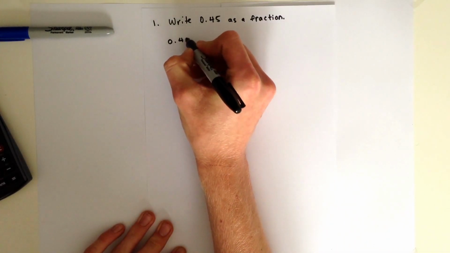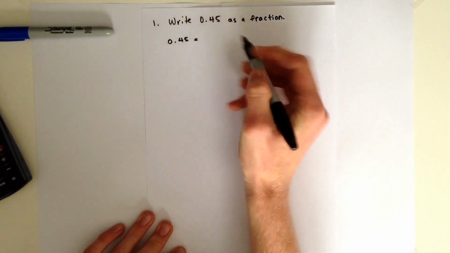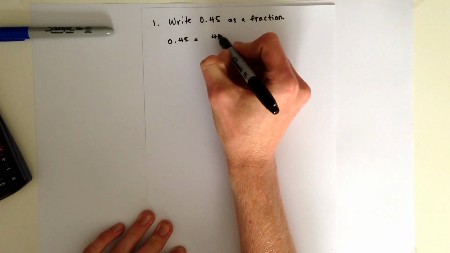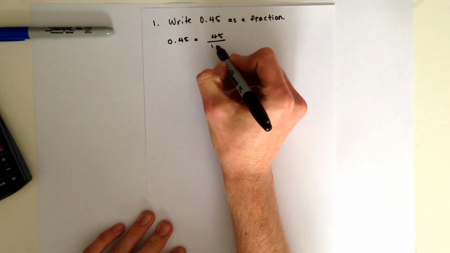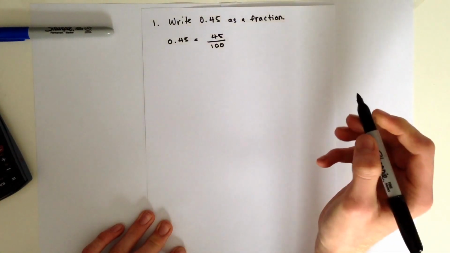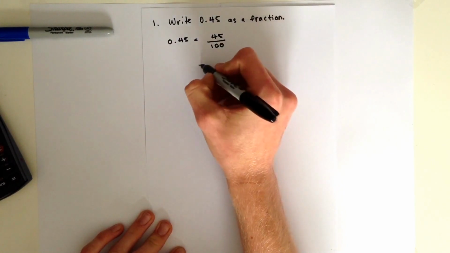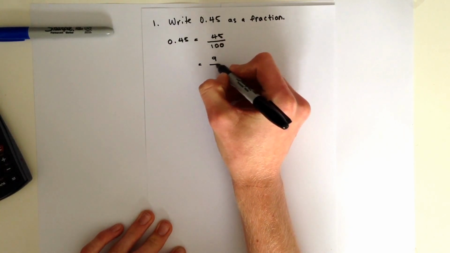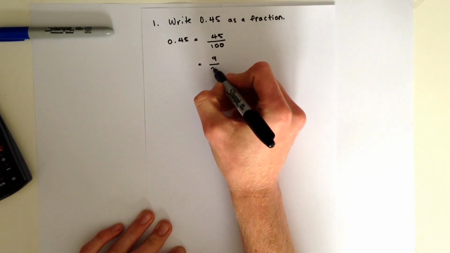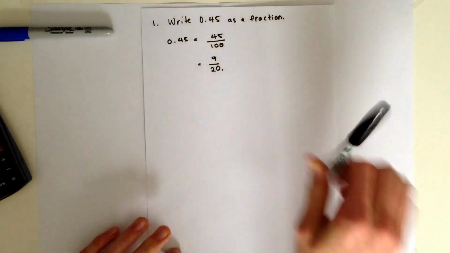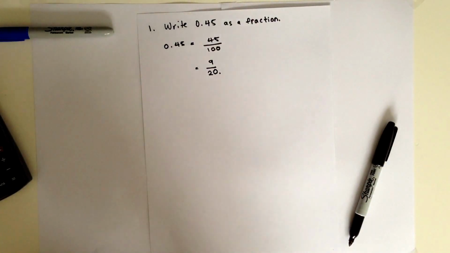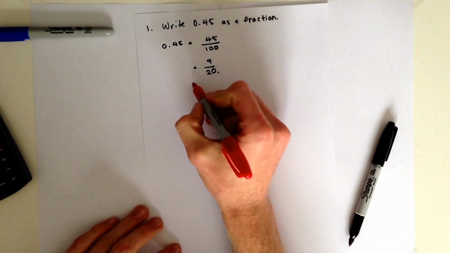You write 0.45 equals 45 over 100. And pretty much all that equals is 9 over 20. Okay, and so that is our answer.